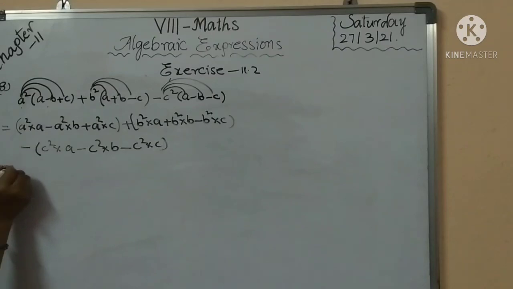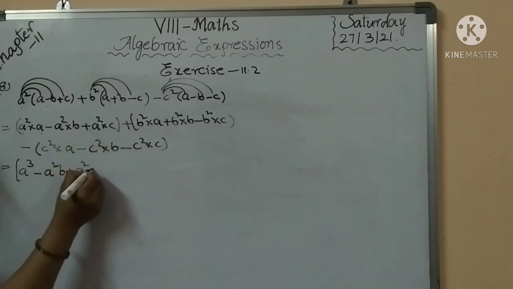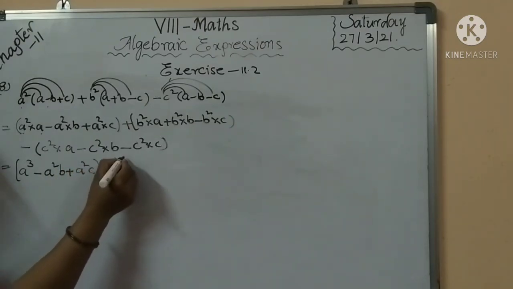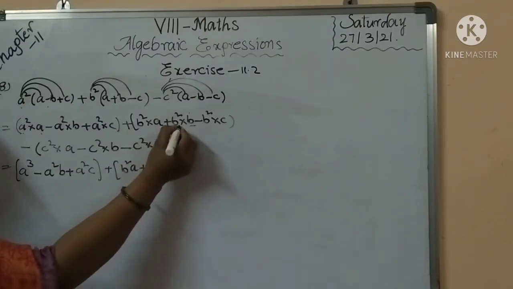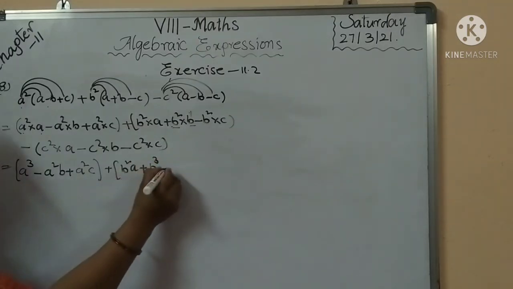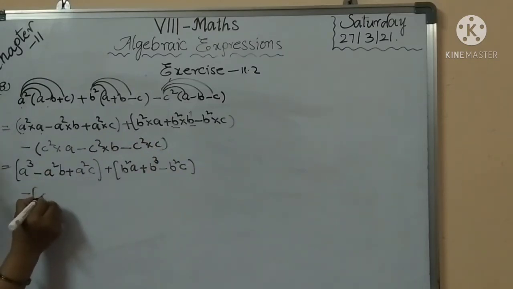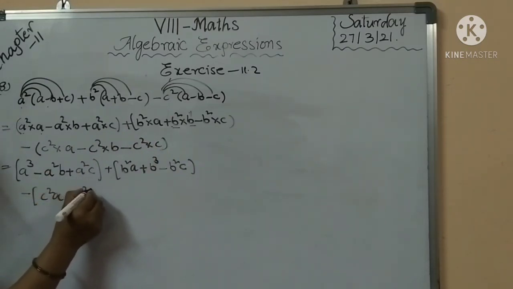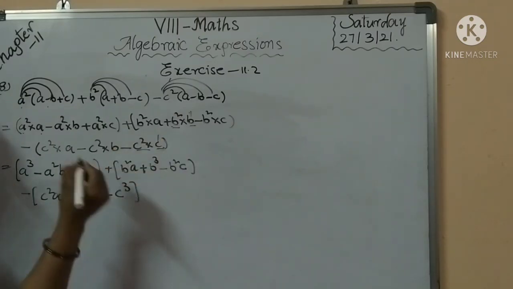So now producting. Bases are same, then exponents are adding. A square into a, a cube, minus a square b plus a square c. Okay, plus b square a plus b square into b. Bases are same, then exponents are adding. B cube minus b square c, minus c square a minus c square b minus c cube. Bases are same, then exponents are adding.